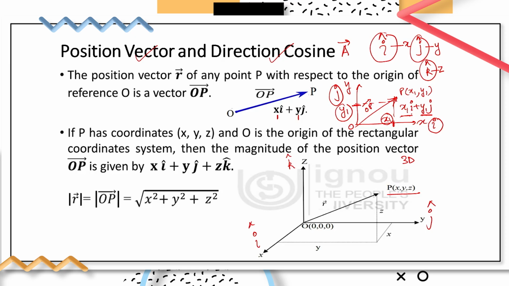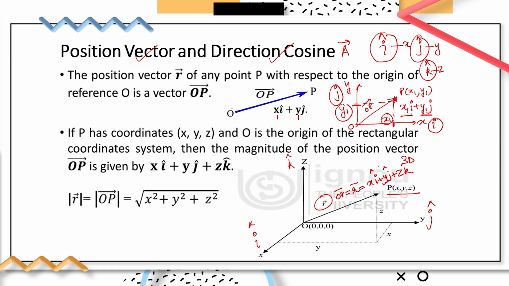This is the general representation for the unit vectors. So, if point P has coordinates x, y, z, then the vector representation of OP vector, which is equal to vector R, will be xi plus yj plus zk.